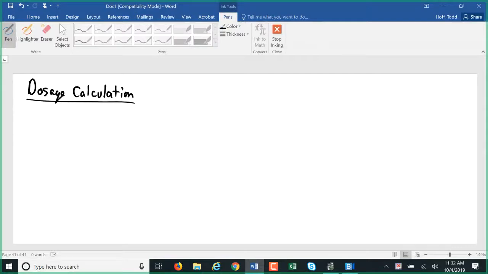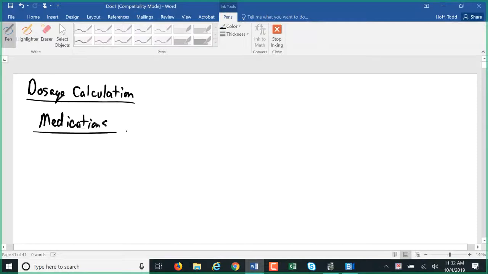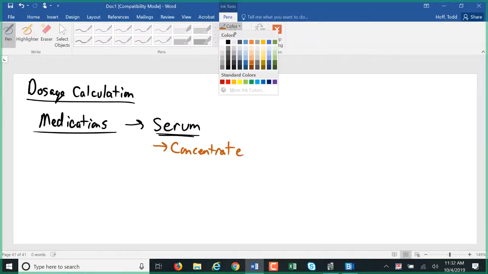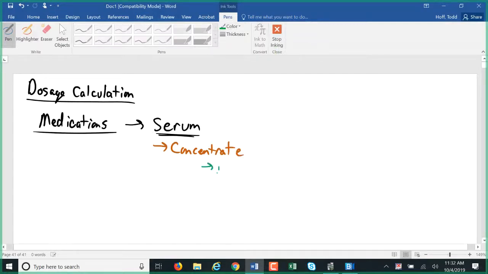For this section, we're going to be using a lot of calculations that involve medications. Just because I am not a medical person, definitely not an expert on medications, we're going to use the generic term serum. That's going to refer to any sort of a concentrate. So that could be a pure medication.